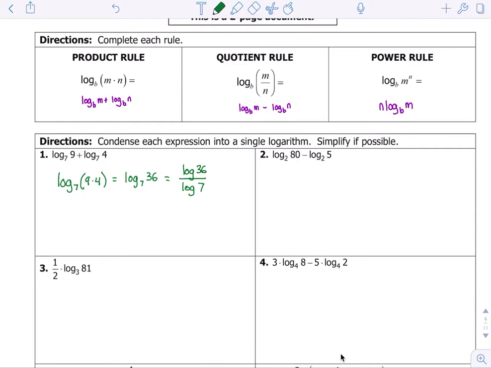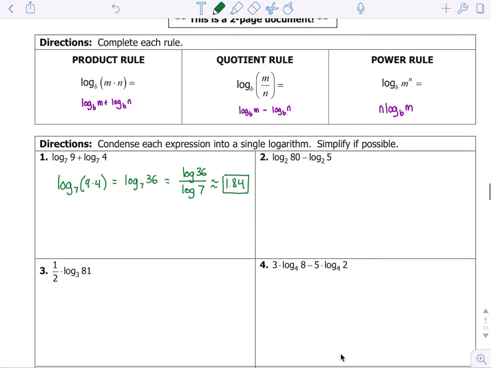Put this into your calculator, and we should get about 1.84. All right, so that's number 1.